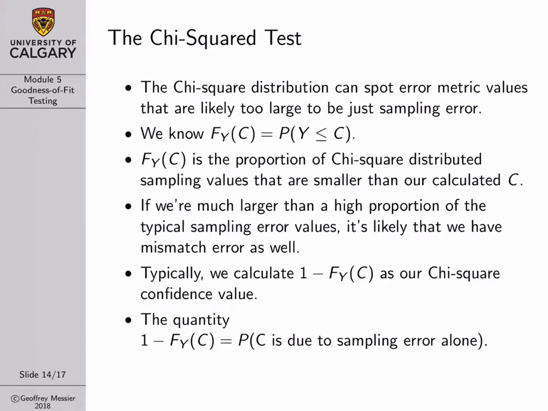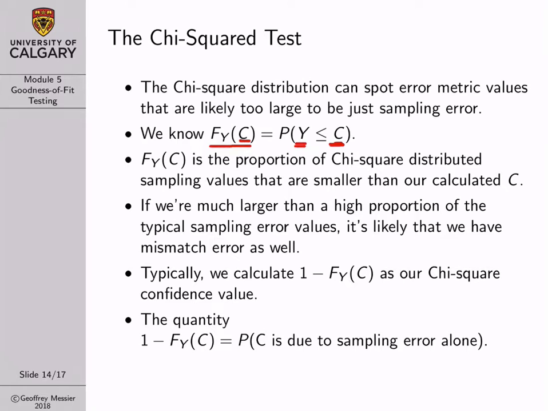And so we know that the CDF function, if we give it an argument of C, will give us the probability that our random variable y is less than or equal to our argument, right? So if y is a chi-squared random variable, then this is the probability that it's less than or equal to our calculated value C that we got from our actual experimental data.